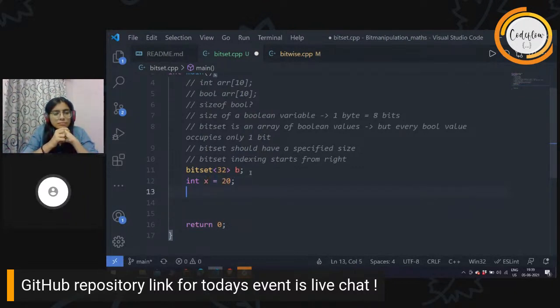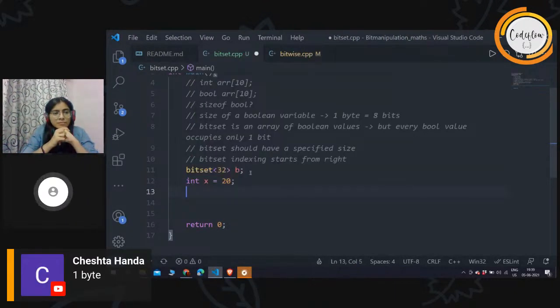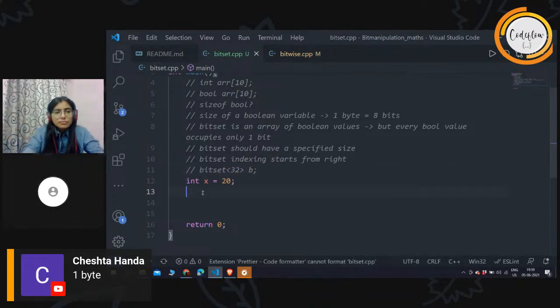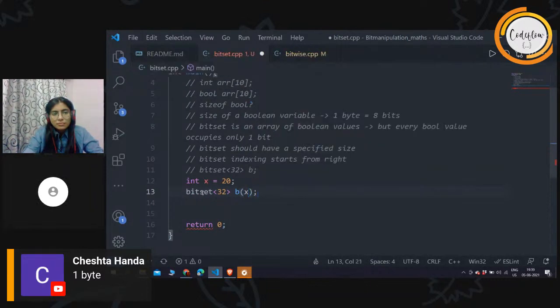And I can just write it as bitset, create a bitset of 32 size, and just create it. Let me just reduce it to 16 because you won't be able to see it.